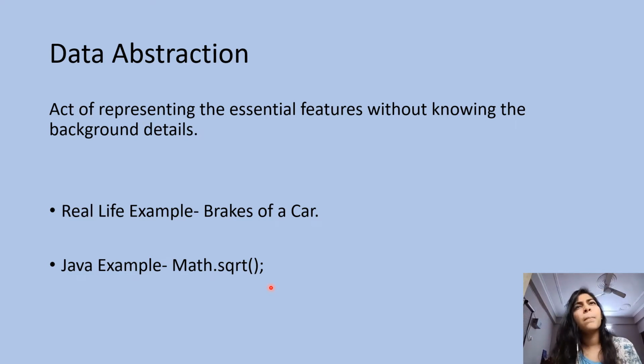This function must have been written by someone, right? There must be code कुछ तो पीछे. So that is how it works. It is the act of representing the essential features without knowing the background details, right? You may confuse it with data hiding too, but please don't. We'll see it further.